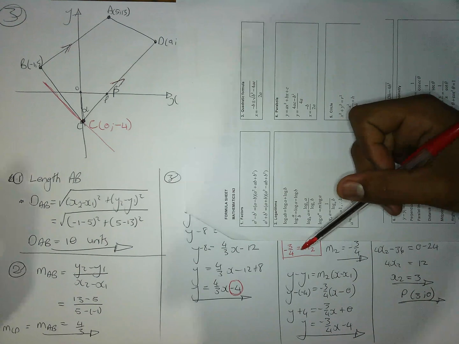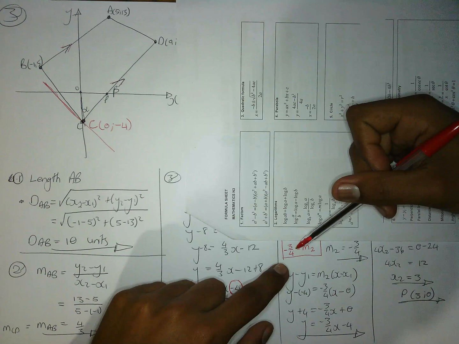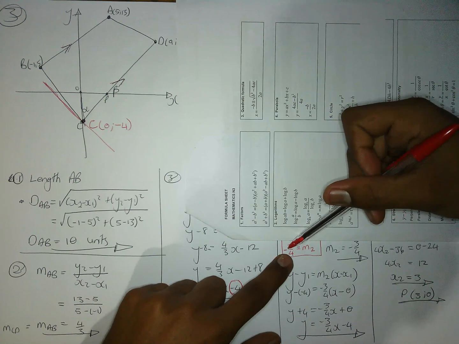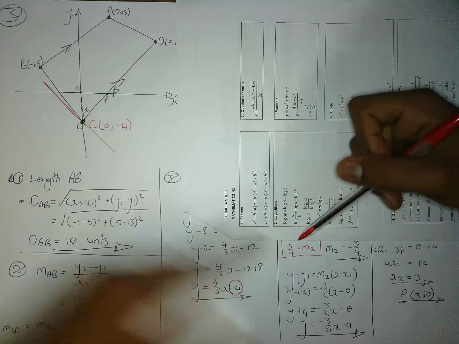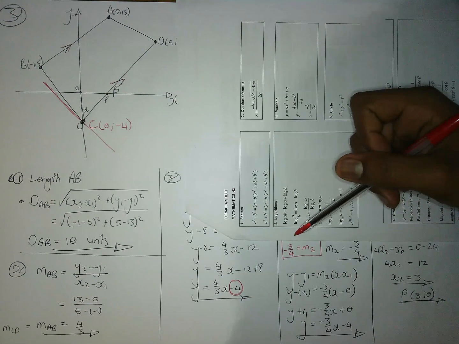If there was no negative here, I will do the reciprocal and multiply with a negative to get that gradient. Hopefully I'm making sense there.